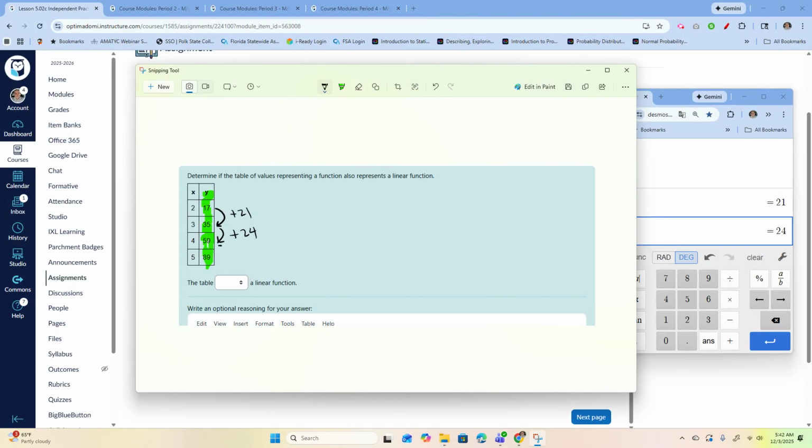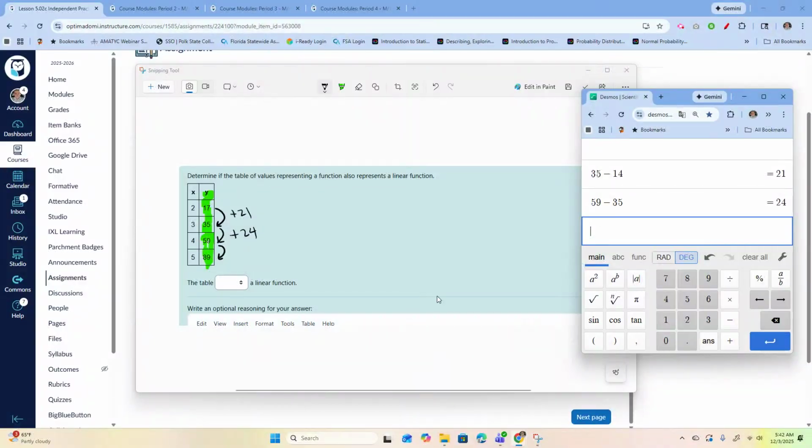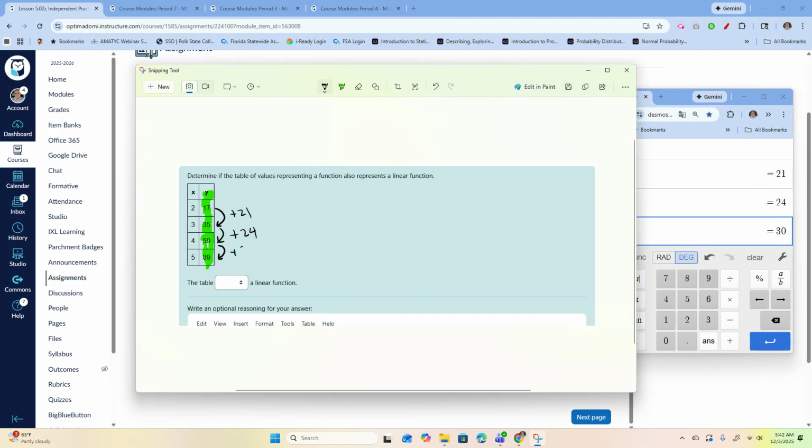Then from 59 to 89, you take 89, subtract 59, and I got 30. Remember, we call these numbers I wrote in black the change of the y's, because these are how much the numbers are changing from one row to the next row.